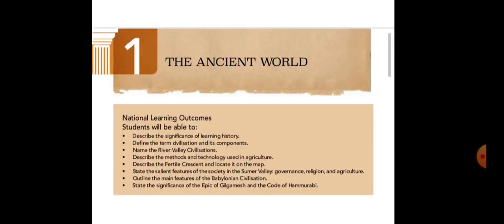So, the objective of our first lesson, the ancient world: at the end of this lesson we will be able to describe the significance of learning history, that is, why it is important to learn history; define the term civilization and its components; name the river valley civilizations; describe the methods and technology used in agriculture; describe the Fertile Crescent and locate it on the map; state the salient features of the society in the Sumerian Valley, governance, religion and agriculture; outline the main features of the Babylonian civilization; and state the significance of the Epic of Gilgamesh and the Code of Hammurabi.